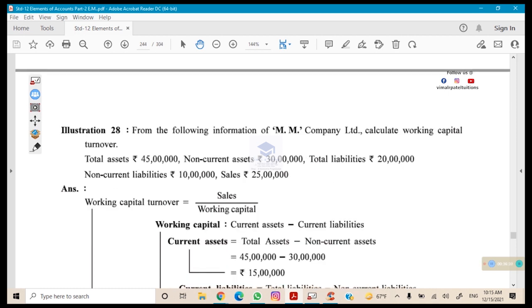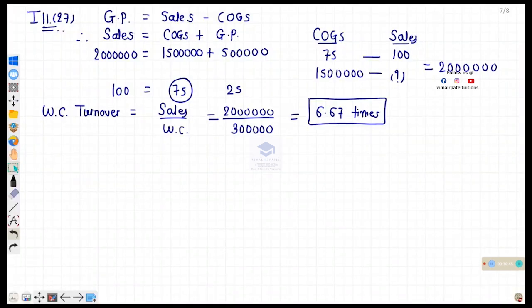Then from the following information of Company Limited, calculate working capital turnover. Total asset, non-current asset, total liability, non-current liability and sales are given. Now, working capital you have to find out. Working capital is equal to current asset minus current liability. But you have not been given current asset. See.